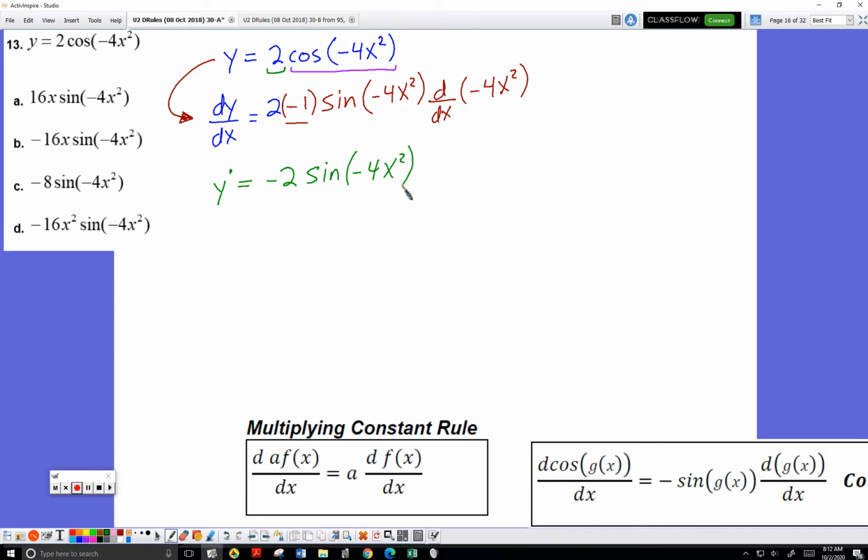Okay, here's what I do on the next one. I do the multiplying constant and the power rule simultaneously because they're not really that hard. Just think of -4 by itself for a moment.